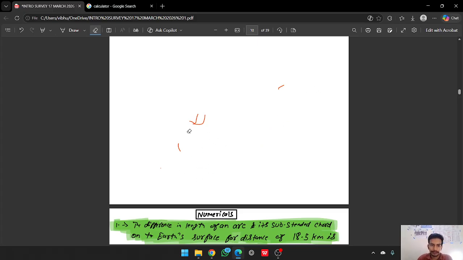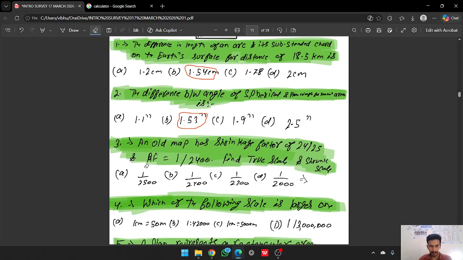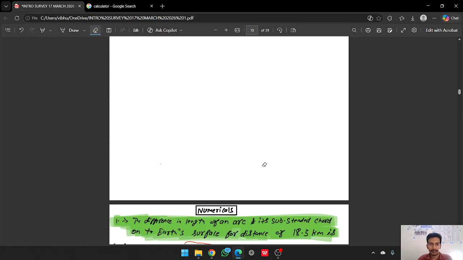We have to find true scale and shrunk scale. Shrunk scale we know as shrinkage factor times true value or original scale.